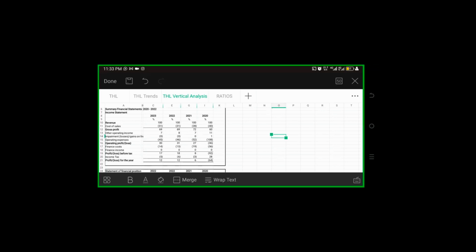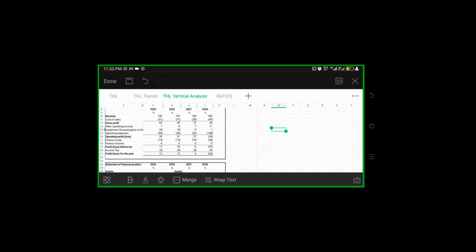I hope you get what I'm saying. So the operating expenses and the finance cost played a huge role in the loss they made in 2020. In 2021 and 2022, they were able to manage their operating expenses and finance cost better. Okay, so that's why they are back in profit.